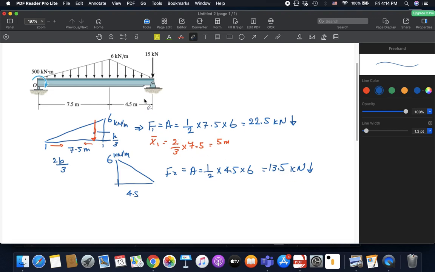Now we need to find the position of the concentrated force as we did in the first triangle.